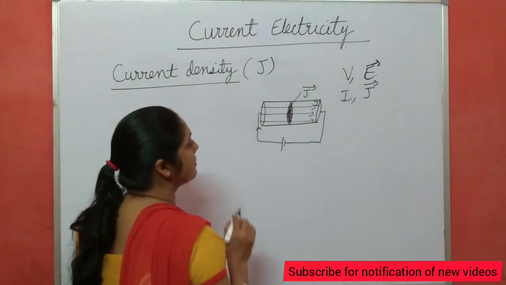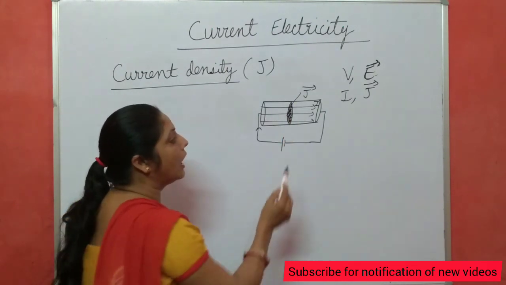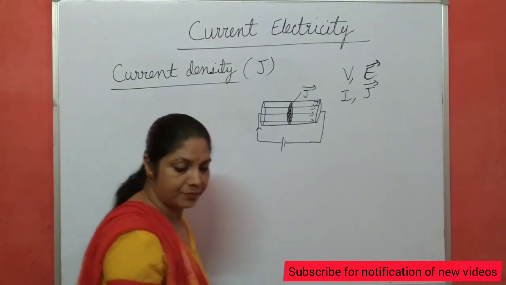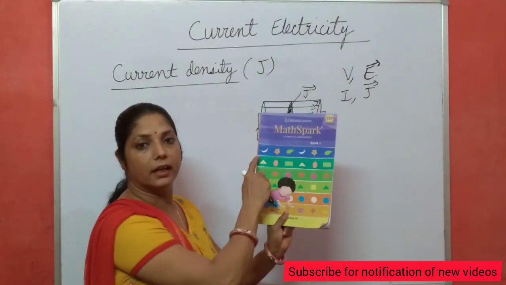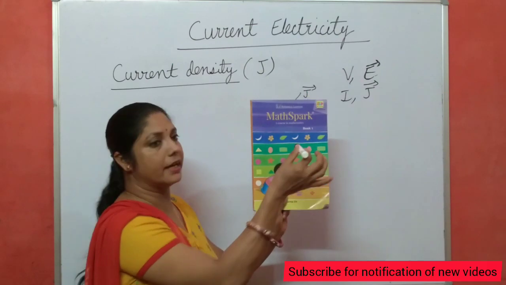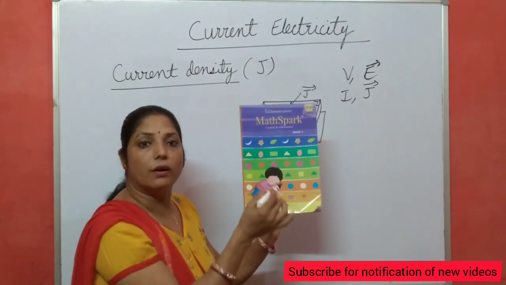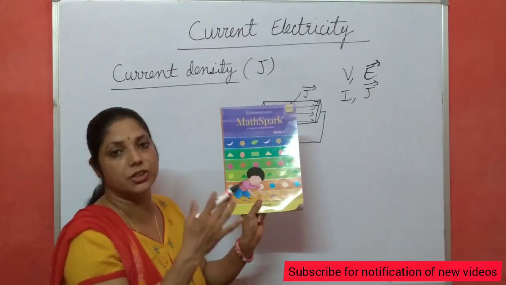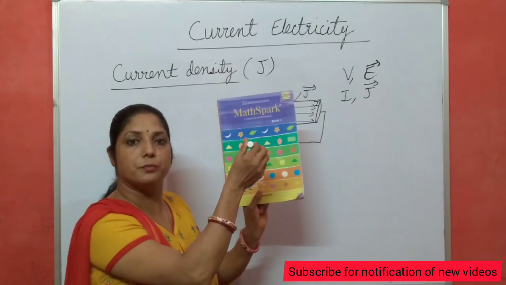But one thing you must remember, this area and current flow both are normal to each other. Suppose this is area and current is flowing in this direction. So direction of current and this area is always held normal to each other, so that a large amount of current flows through this point.